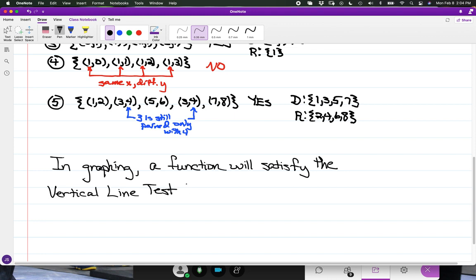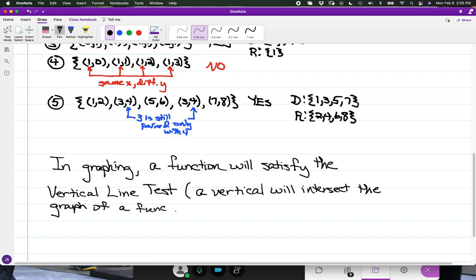In the case of the vertical line test, what this means is that a vertical line will intersect the graph of a function at most one point for all x values.